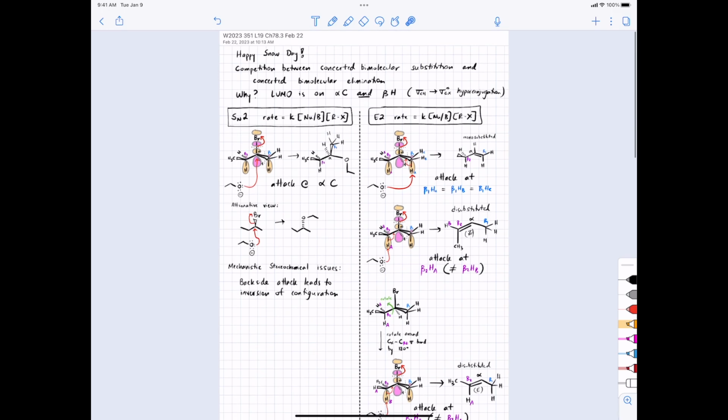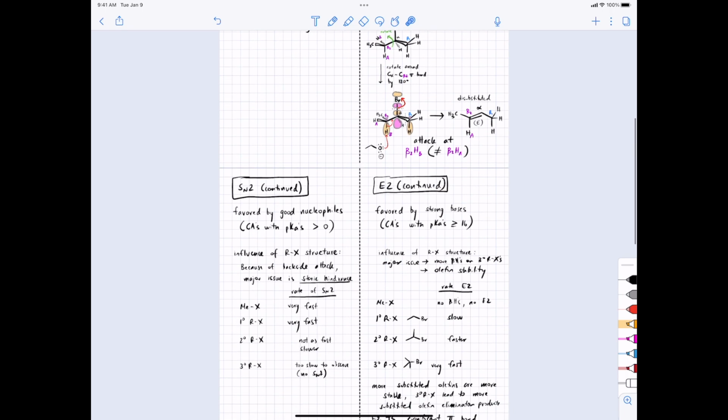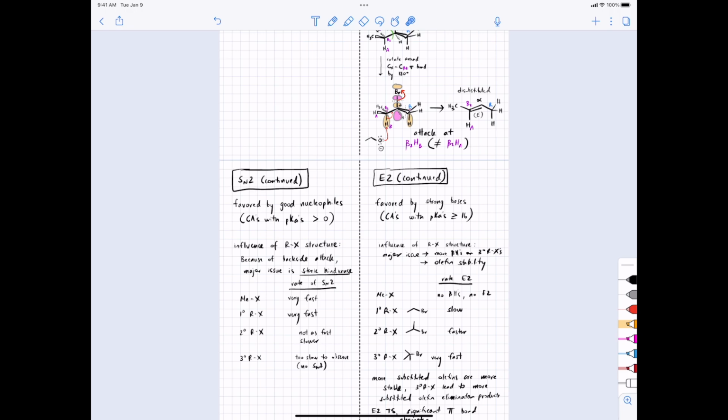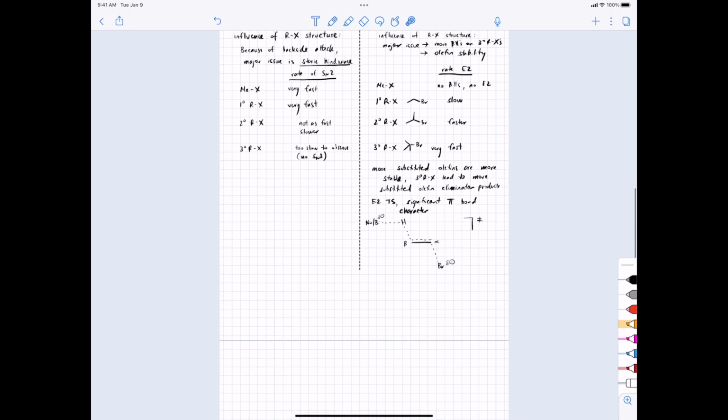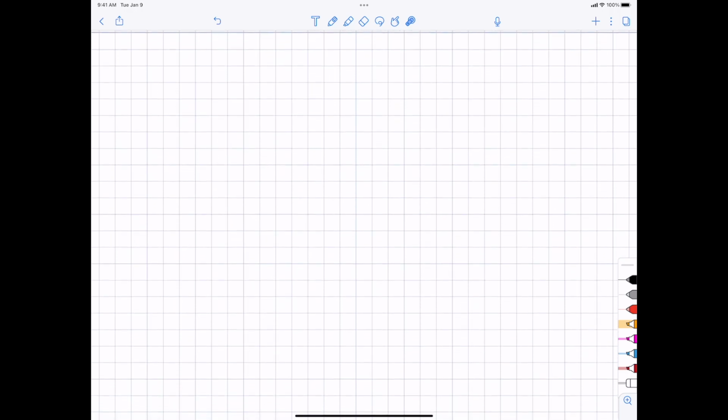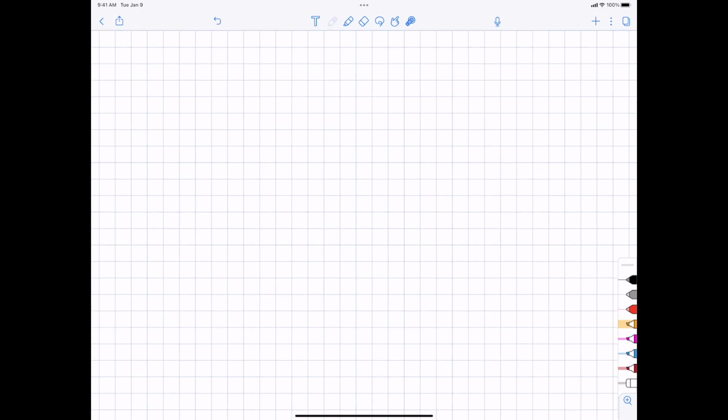So now we've talked about the SN2 and the E2 reactions and their stereochemical consequences. Let's do just a little bit of practice. Let's use the following alkyl halide and this nucleophile.